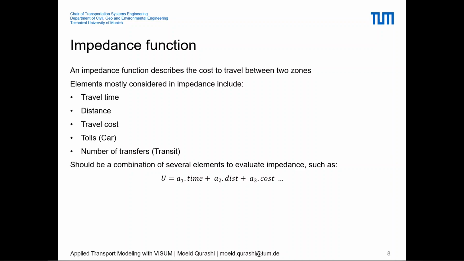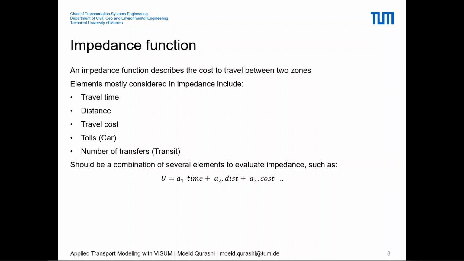Then tolls for car, and number of transfers for transit. This is a very major impedance type for public transport, because as the transfers increase, the impedance gets really higher for public transport to be used as a mode.